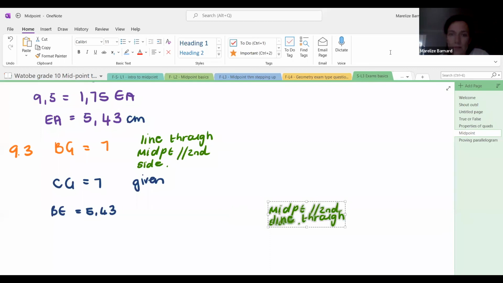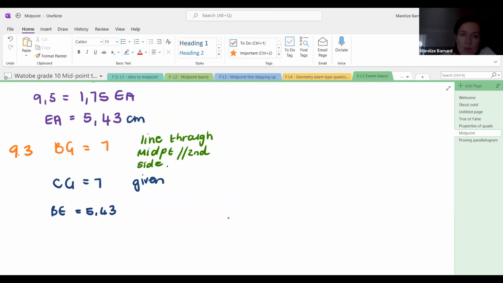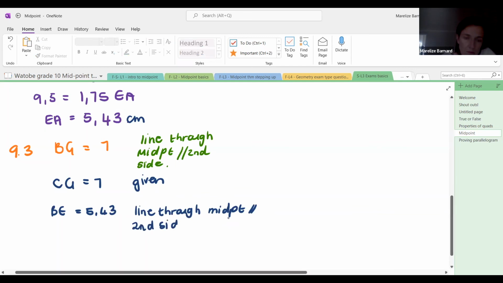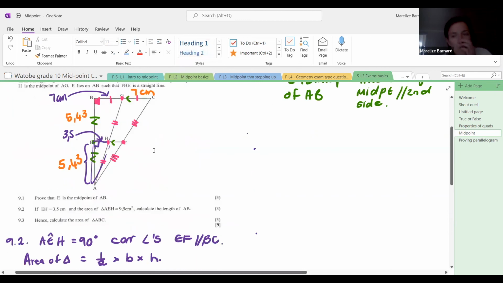Pop your answer in the chat for the area. I'll scroll up so that you can maybe see the measurements if you didn't get them down. And then, yeah, just half base times height from here on.